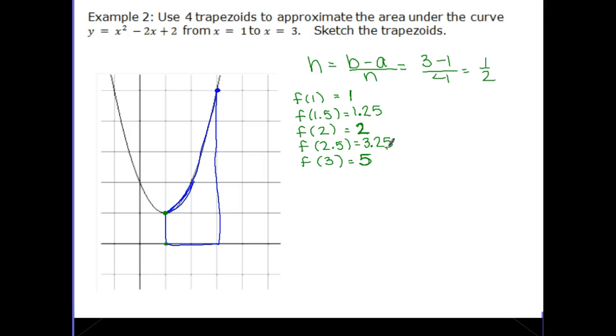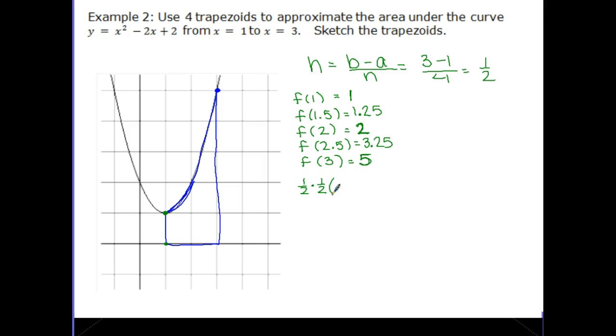So essentially what we are doing now is summing up all of the trapezoids. We're summing up the area of a trapezoid, which is 1/2 the height, which is 1/2, and then adding the bases together.